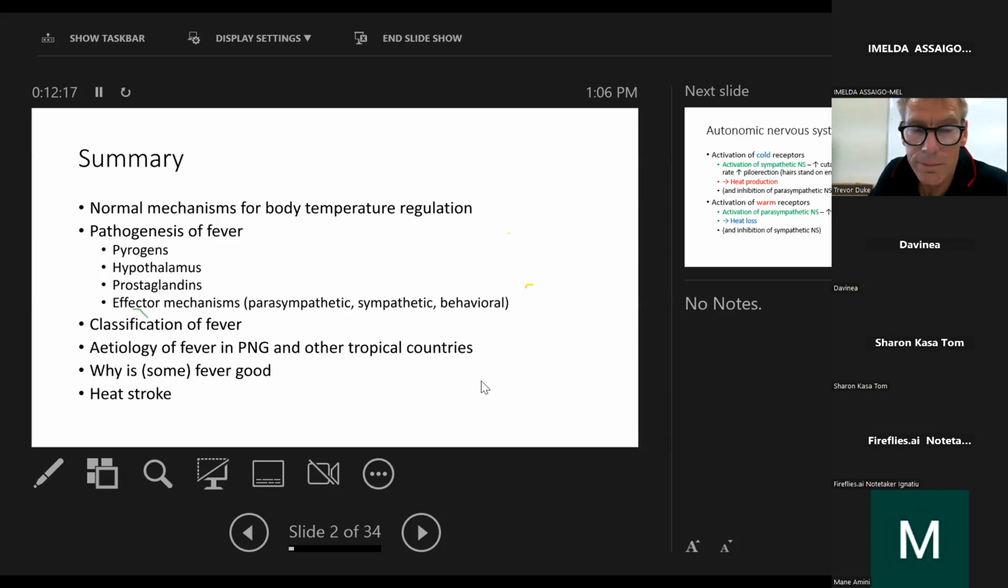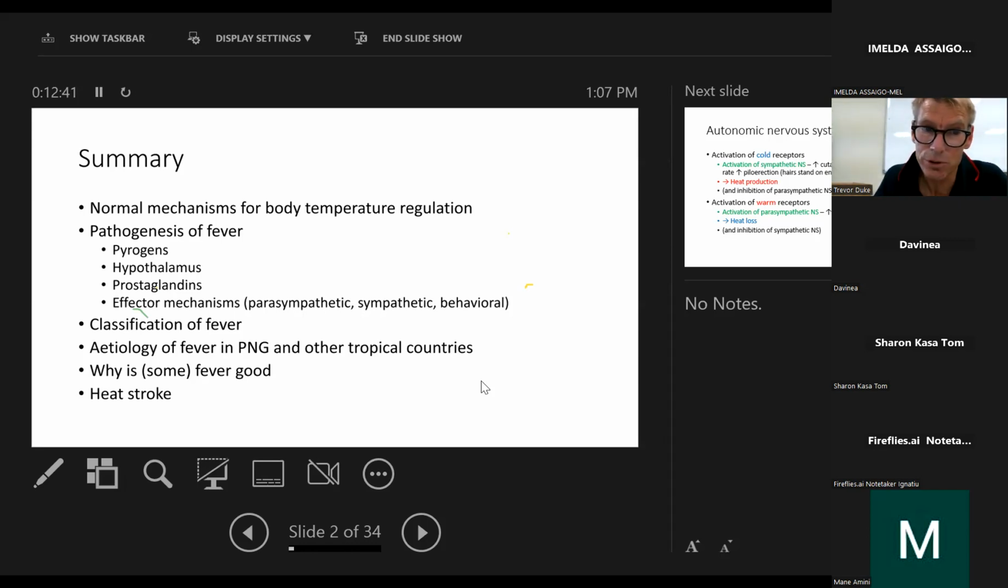So we're going to be talking about the normal mechanisms for body temperature regulation. To understand fever, we need to understand a little bit about the normal body temperature regulation. We'll talk about the pathogenesis of fever. So we'll introduce concepts like pyrogens and the part of the brain where fever comes from, the hypothalamus.